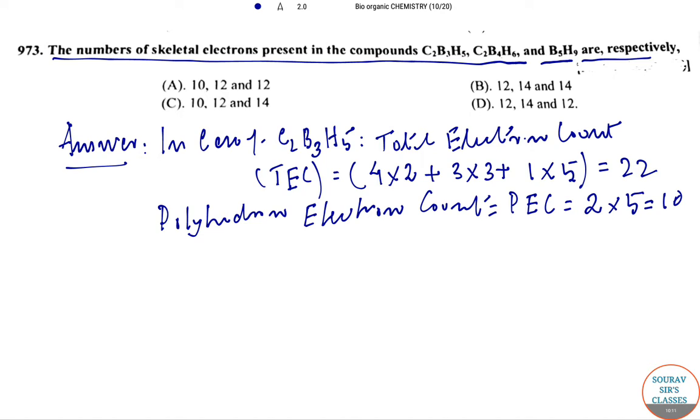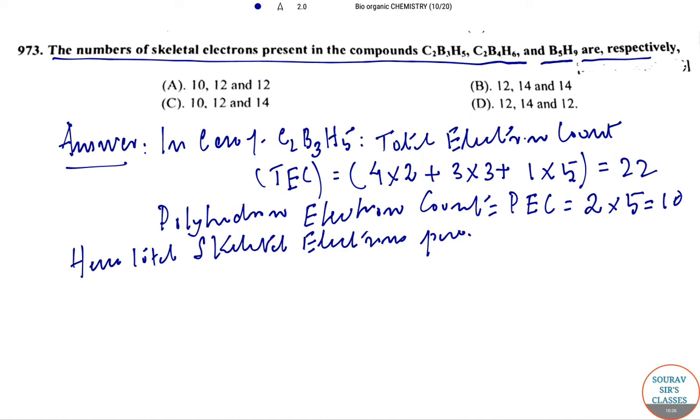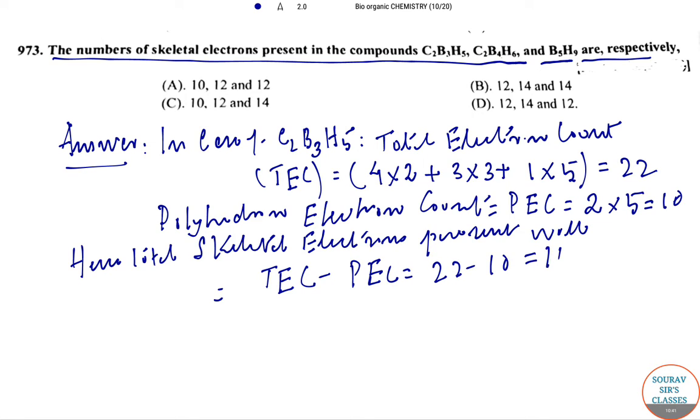Hence the total skeletal electrons present will be TEC minus PEC, that is 22 minus 10 is equal to 12.